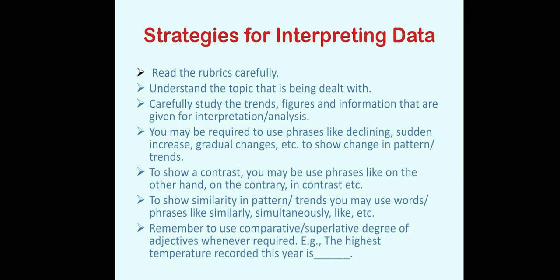Remember to use comparative and superlative degree of adjectives whenever required. Example, the highest temperature recorded this year is. If you use degree, then your language would be very nice and impressive.